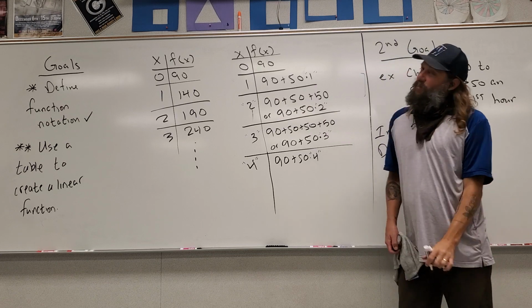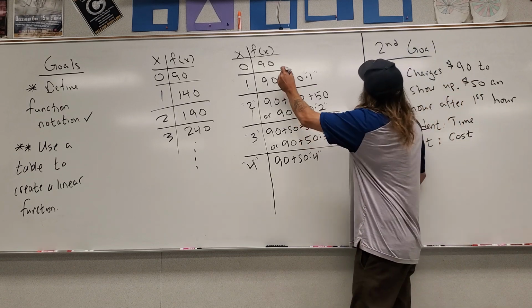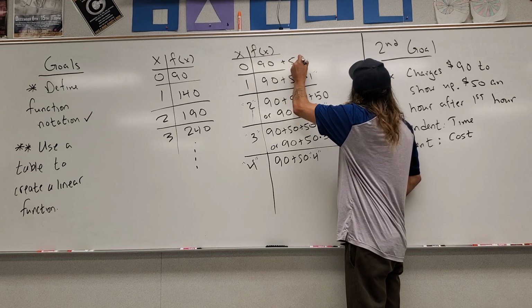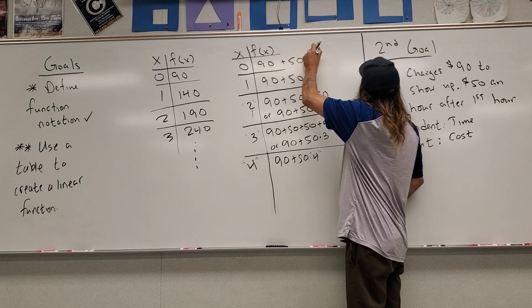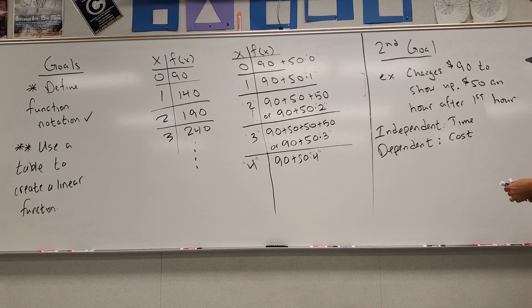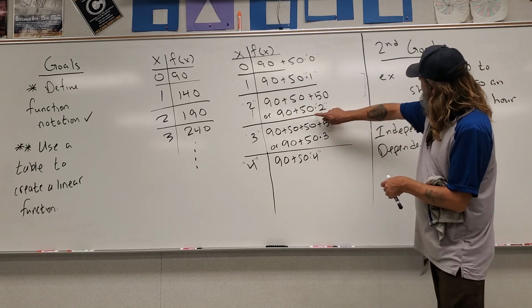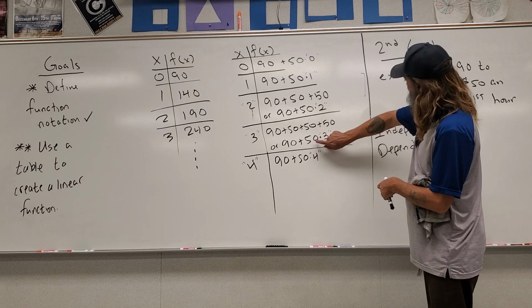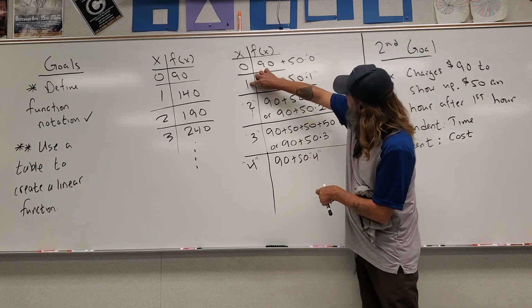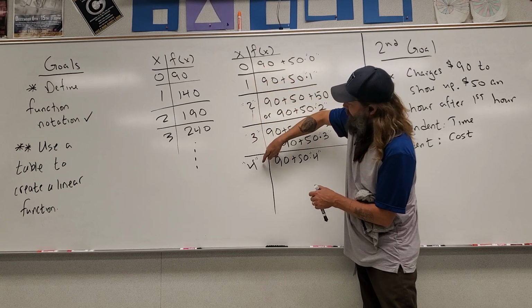And in fact, it's also happening on the very first row. So the pattern that we're seeing here is that we're multiplying the number 50 by the number in our x column.